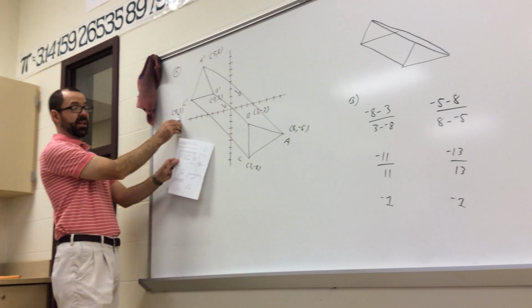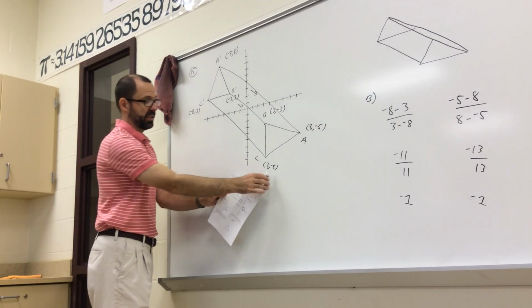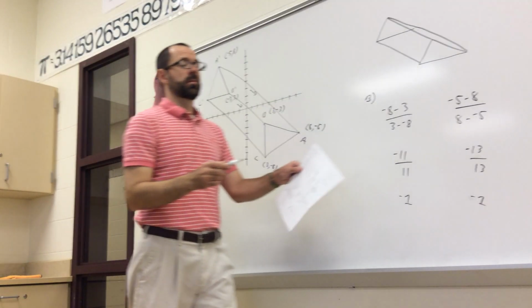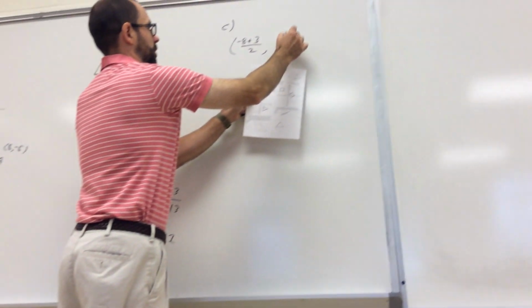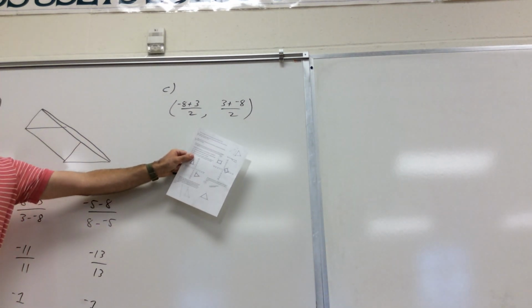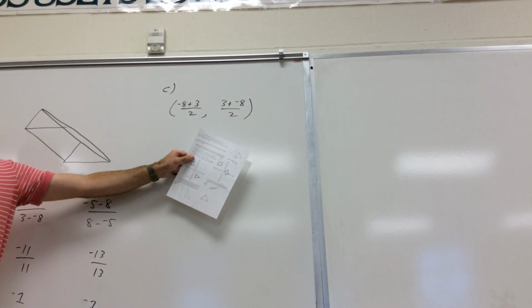And then 3 plus -8 divided by 2. So this is the midpoint between C and C prime.